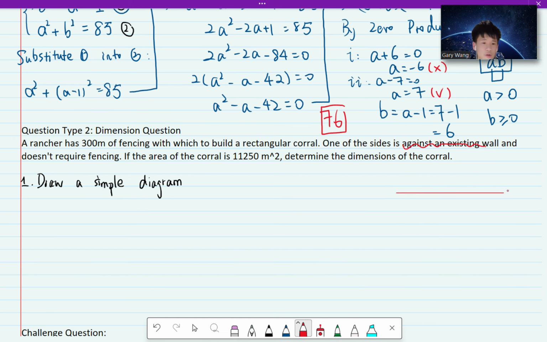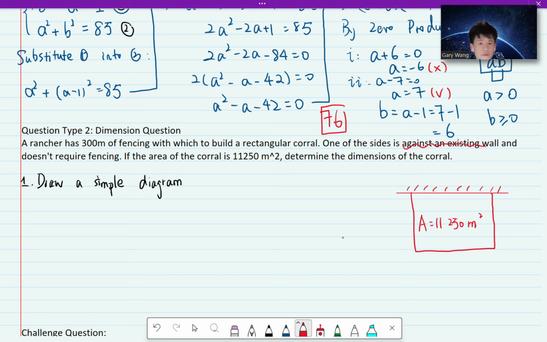So let's draw it over here. Let's pretend this is our existing wall. And this corral is rectangular. So it has 3 sides with one of the sides against the wall. And the area of the corral is 11,250 meters squared.